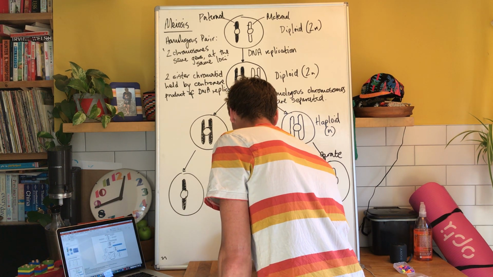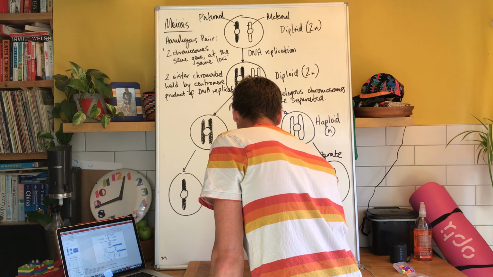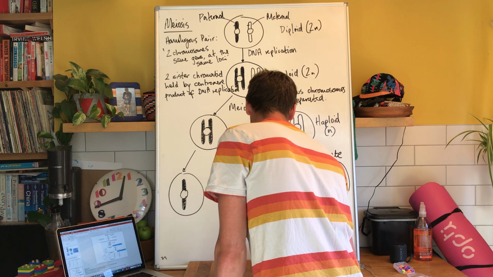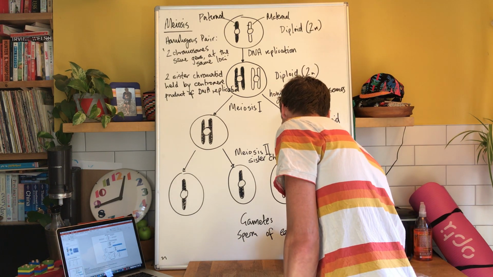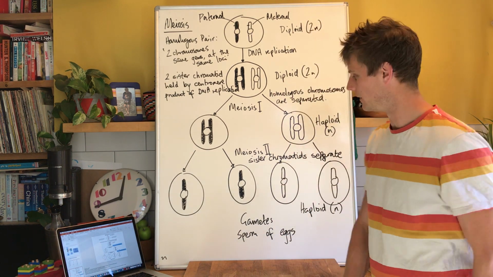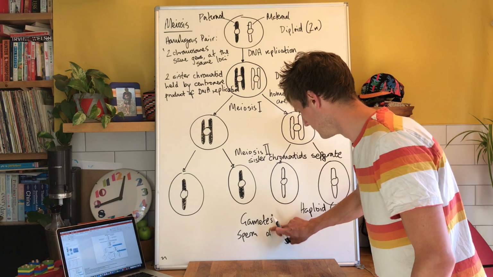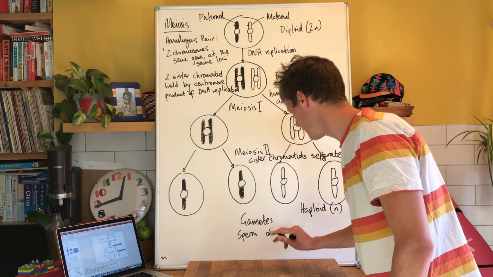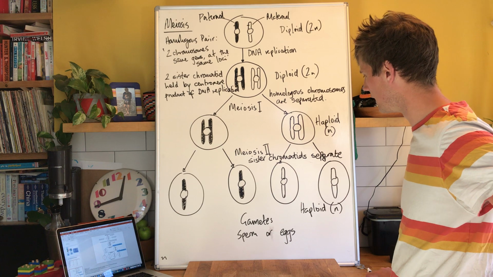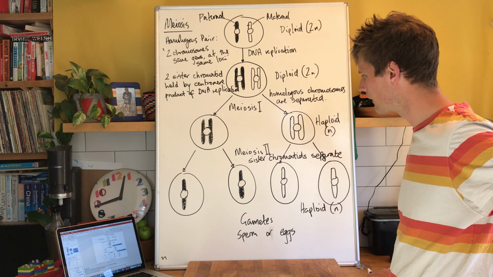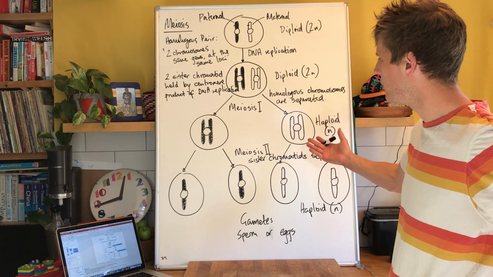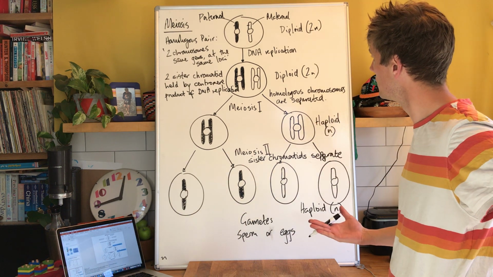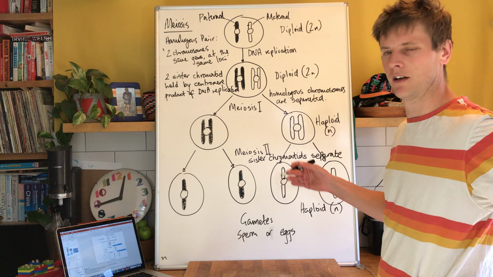So they could be sperm in males, or oocytes, or eggs in females. Sperm or eggs? That doesn't make sense, does it? Sperm or eggs. Okay, so these are the gametes. And that is an overview of the two divisions of meiosis.